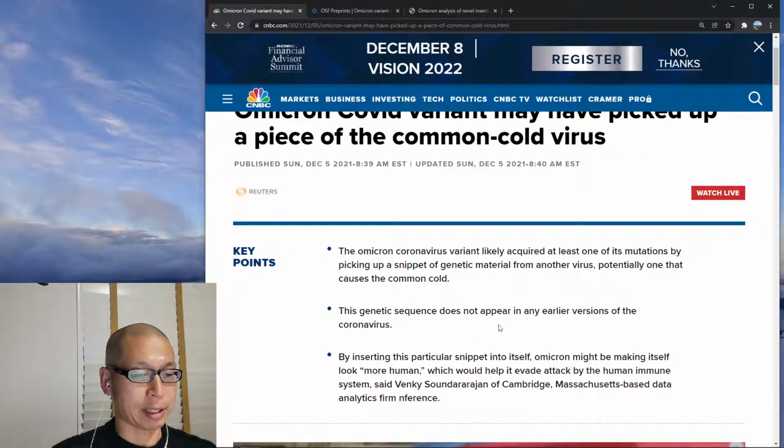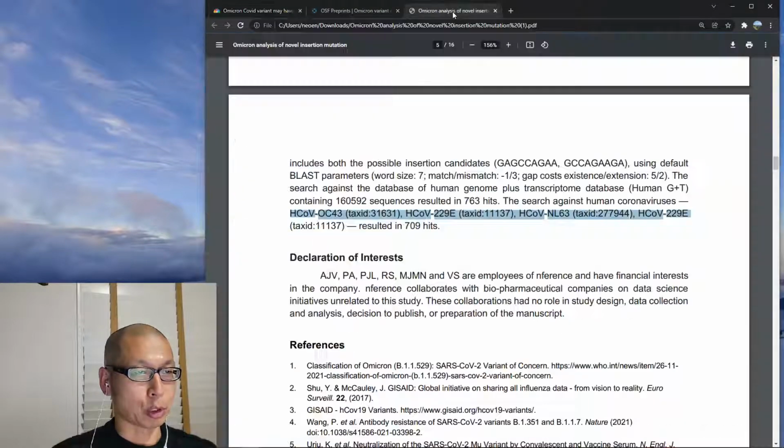So they wouldn't say things like that it becomes more human, or that it's likely that this has happened. They say it's possible that this happened, and they make no mention of it becoming more like a human protein, and the immune system thinking that it's a self protein rather than an other protein.